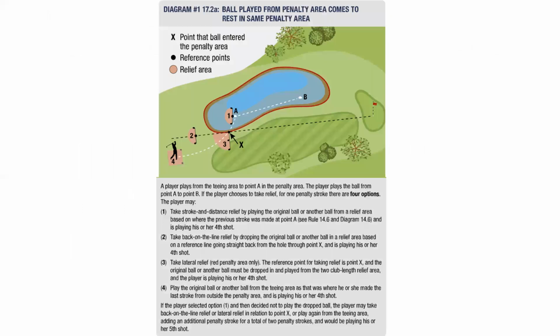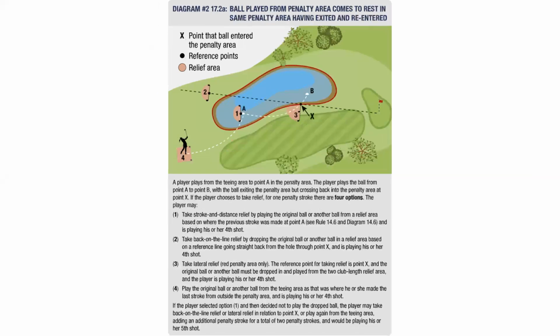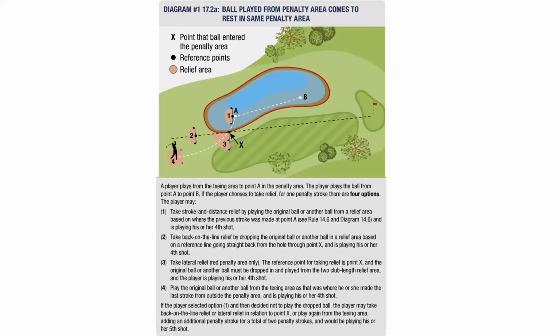stop before we get into these next two ones. This is just, again, if the ball is played from a penalty area, comes to rest in the same penalty area. In just a couple of situations, and just like previously, the diagrams that they have in the book are really the best way to understand this because we can go through the words, but it's just a lot easier to look at it and go through the examples.